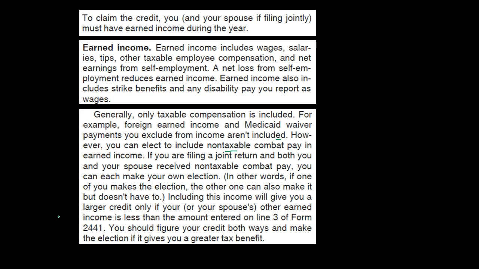In other words, the combat pay could help or hurt. It just really depends where we're at, depending on we have to have some earned income in order to get the credit at all. But then, of course, if the earned income gets to a certain level, we may start to lose the credit. So we'll talk more about the income limitations later.